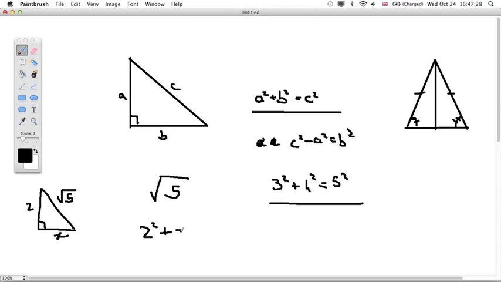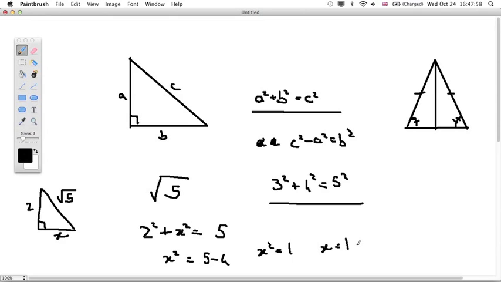So 2 squared plus x squared is equal to 5, because square root of 5 times square root of 5 is 5, as they cancel each other out. Then you bring 4 over, so x squared is equal to 5 minus 4, so x squared is equal to 1, so x is equal to 1.